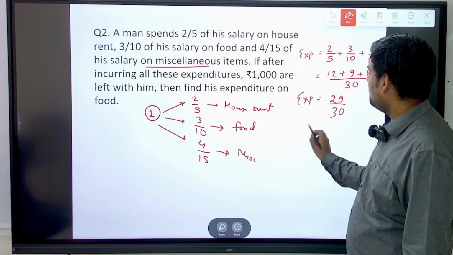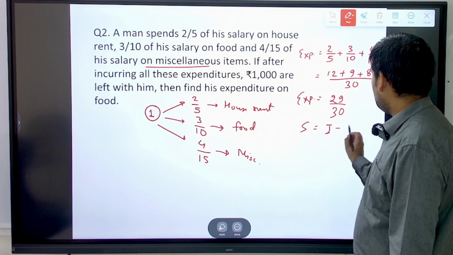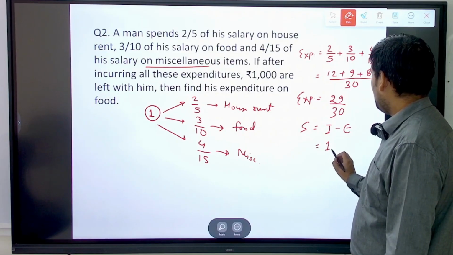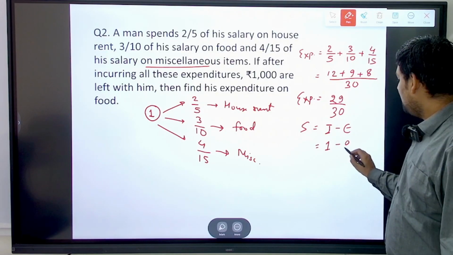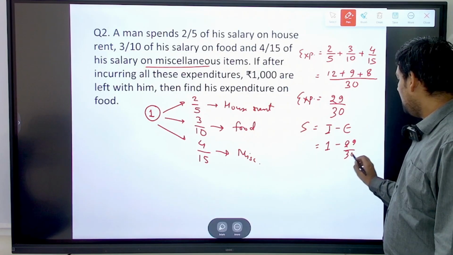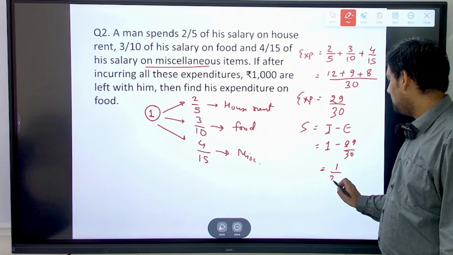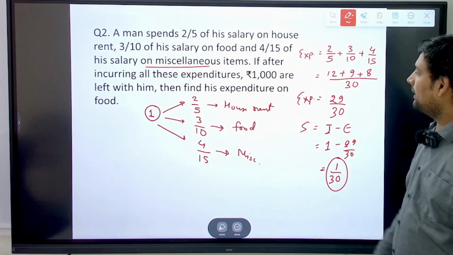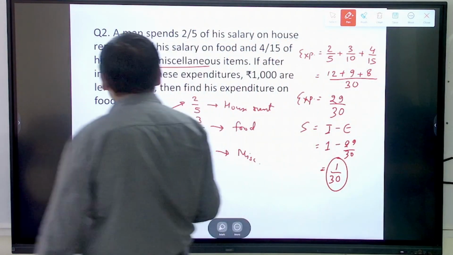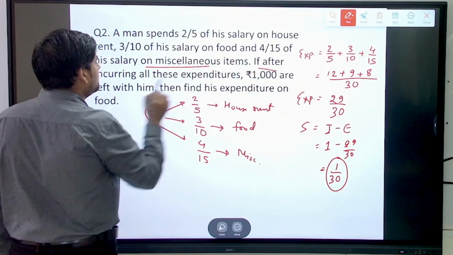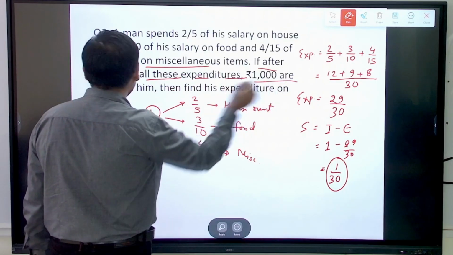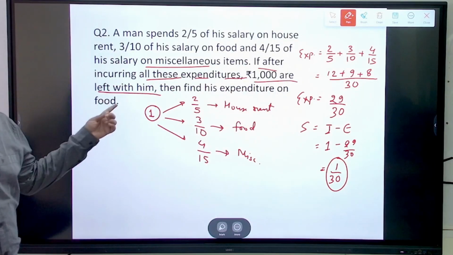Now savings is what? Savings is always income minus expenditure. Income was 1 unit, expenditure is 29 by 30. That means savings becomes 1 by 30. Now it is given that after all these expenditures 1000 rupees are left with him. This is the savings.